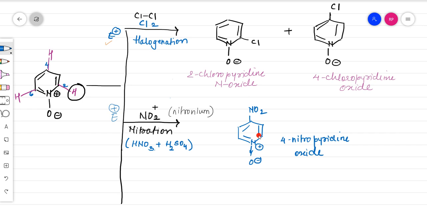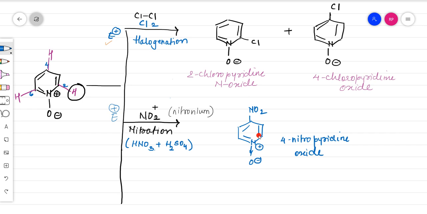Have you understood this? Okay, and the good thing about these reactions is that sometimes halogenation and bromination on pyridine is very difficult.